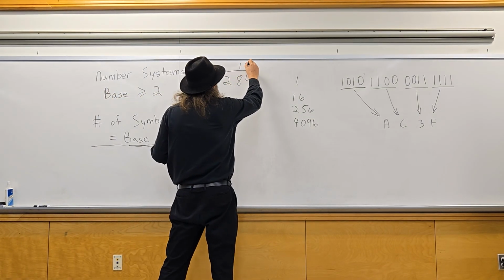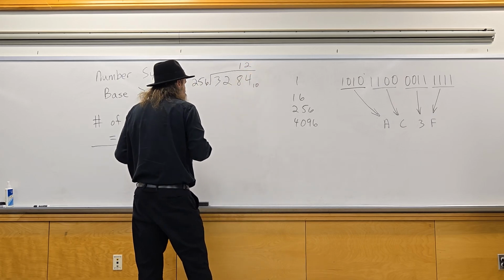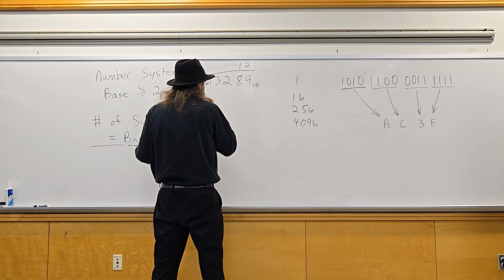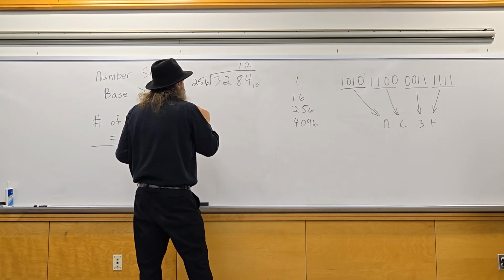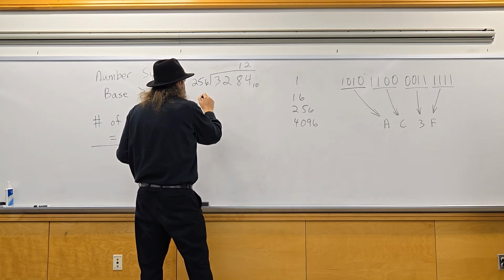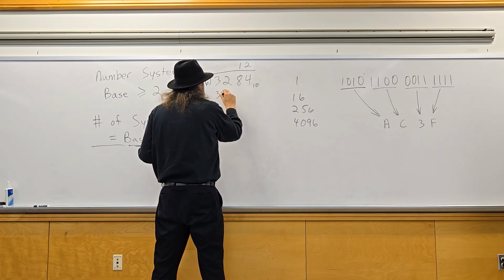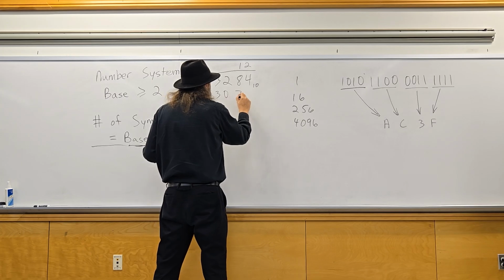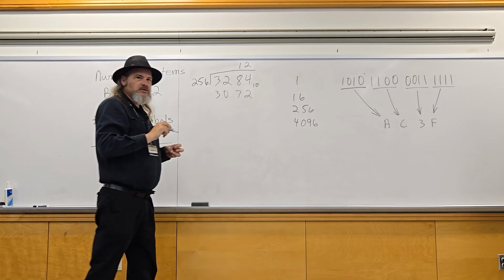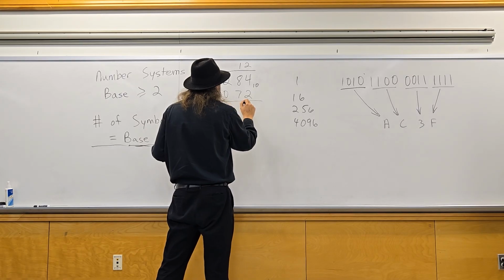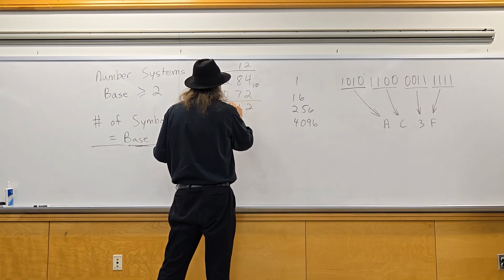Okay, so 12. 12 times 256 is, was it 3072? Yeah. Okay. So the remainder is 212.